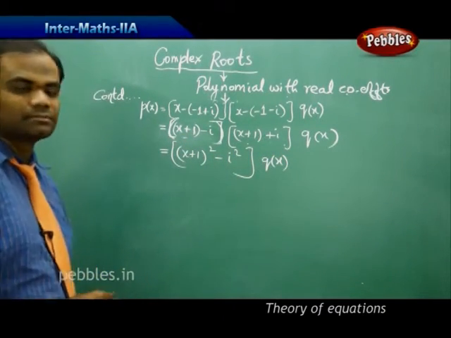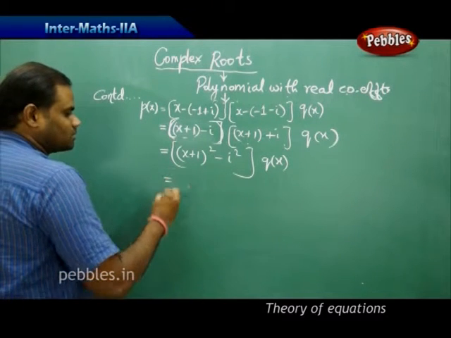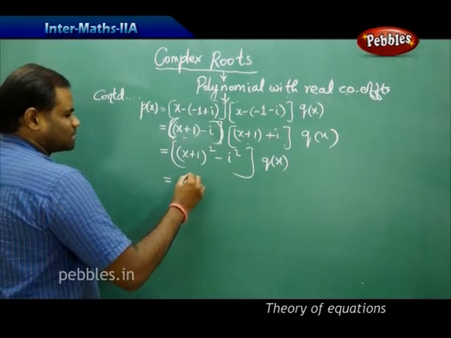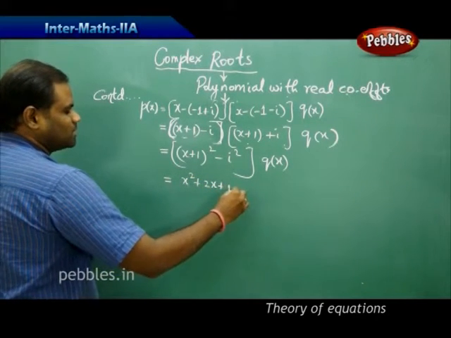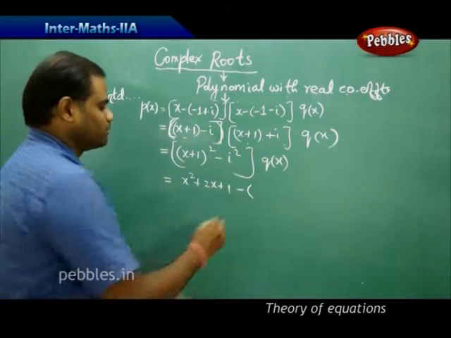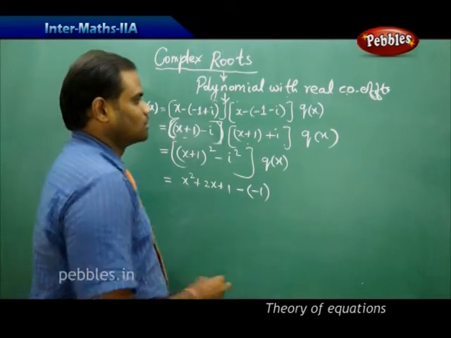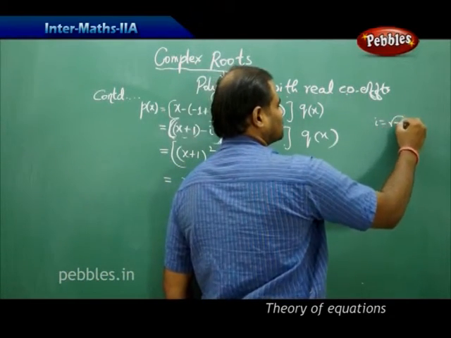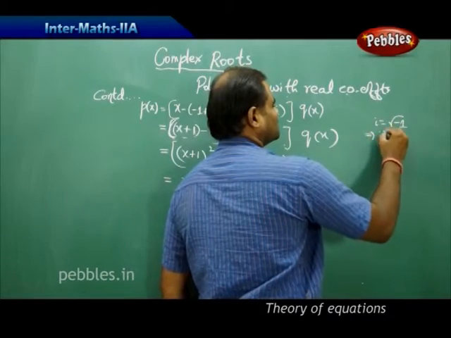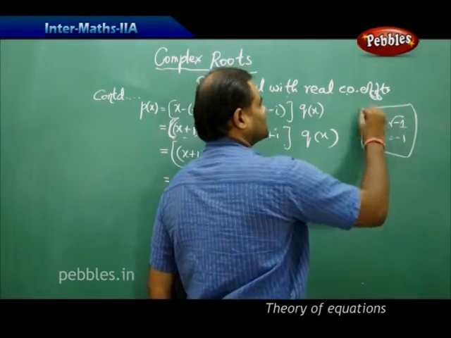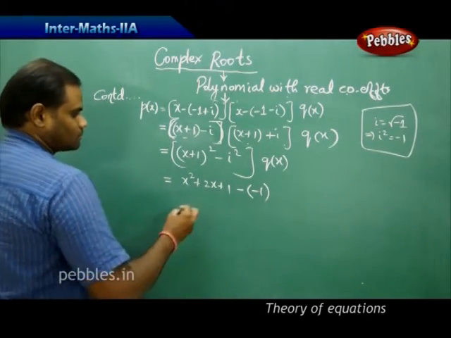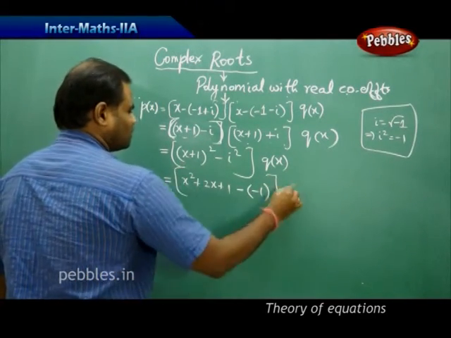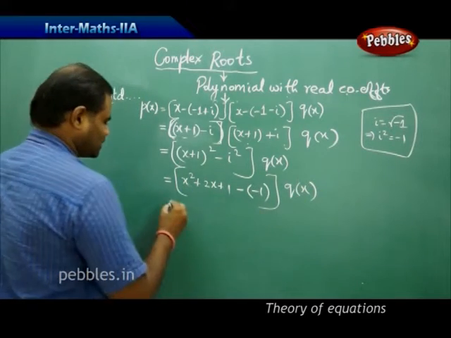Now this, on further simplification, gives me x plus 1 whole squared, which is a squared plus 2ab plus b squared, minus i squared, which is minus 1, because i is root minus 1 and i squared is minus 1. This times q of x is what I get.